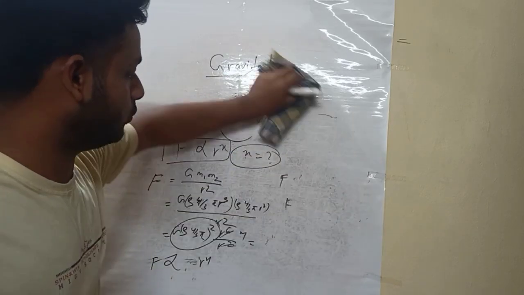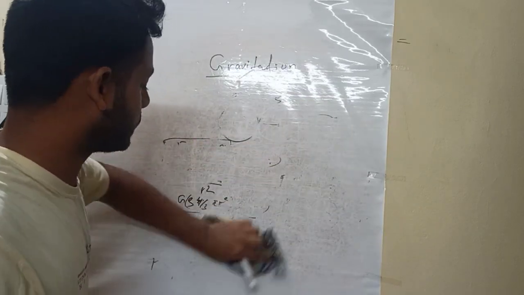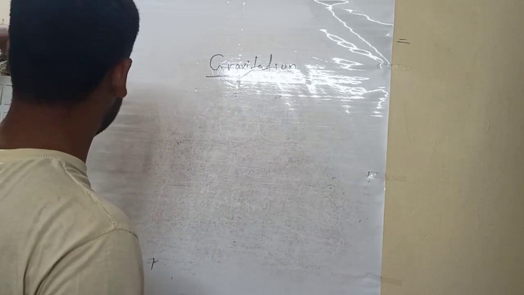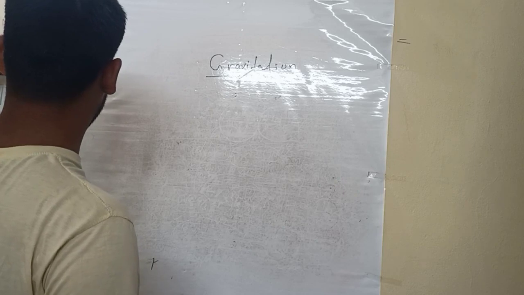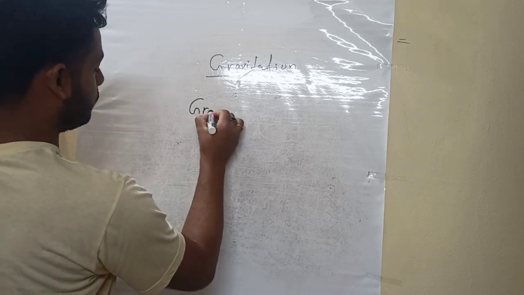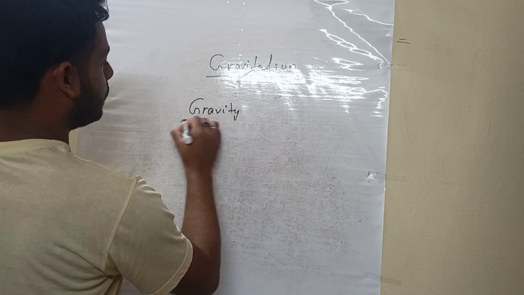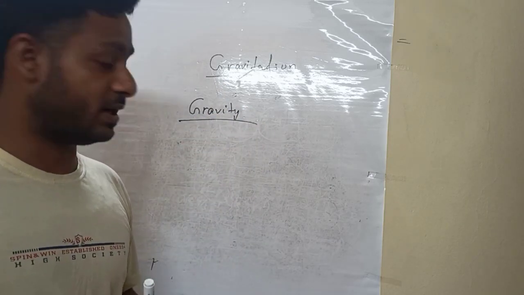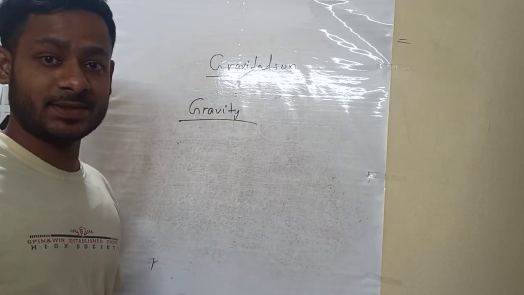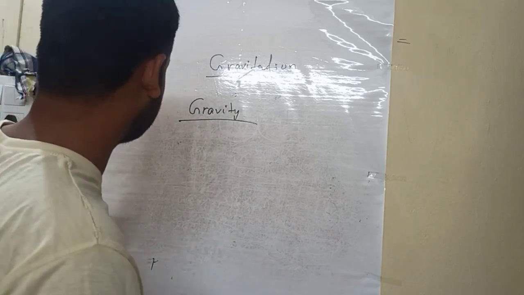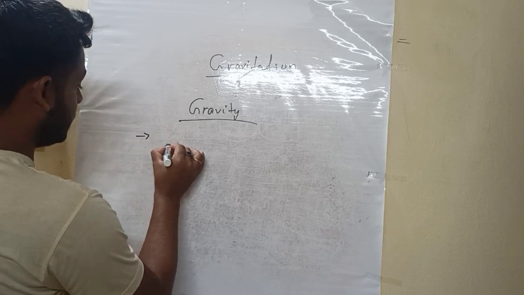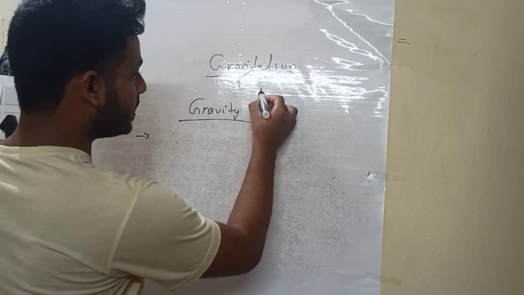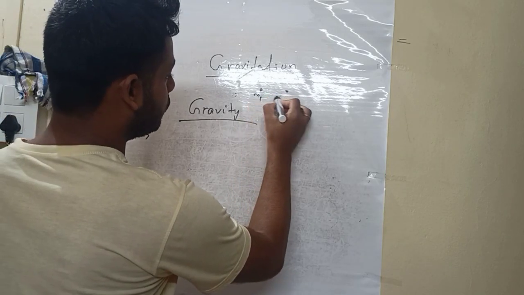Next we will come to gravity. What is gravity? Gravity is a special case of gravitation. So what can we write here? In gravitation, the two masses are m1, m2.